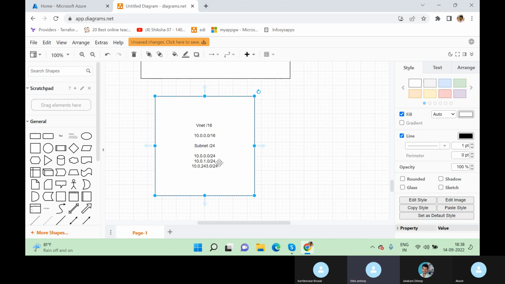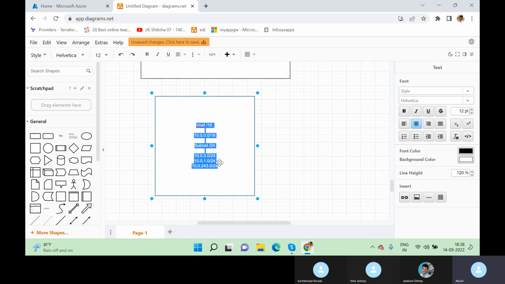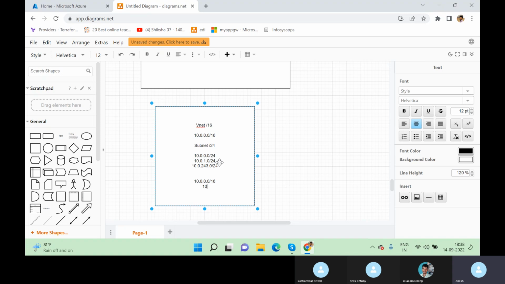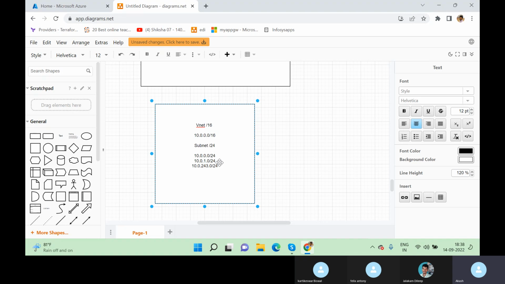From there we are splitting into smaller segments. Correct. If your VNet address space is this and your subnet address space is also this, you cannot have more than one subnet. So in order to accommodate more subnets, you give /24.